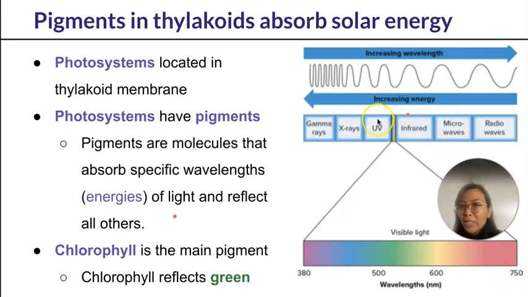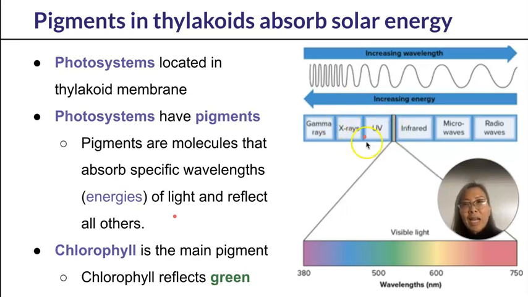You probably recognize some of these other wavelengths, but we can't visually see them. But that doesn't mean that they don't carry energy, right? So we have gamma rays and X-rays. This is one of the reasons why you have to wear the whole vest when you go to the dentist, because these wavelengths are very high energy, right? So we kind of want to protect ourselves. Same thing with UV light.